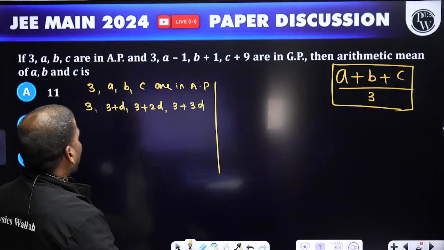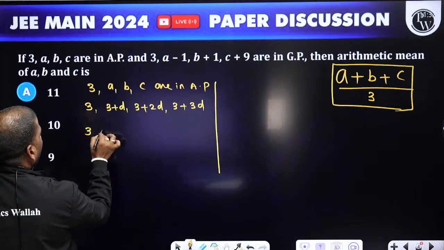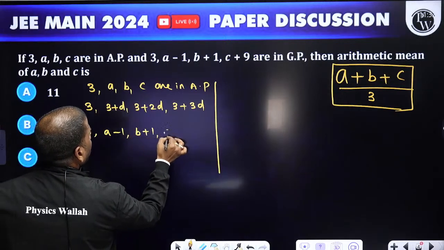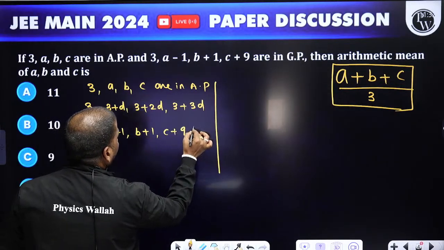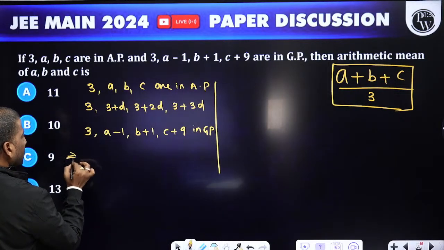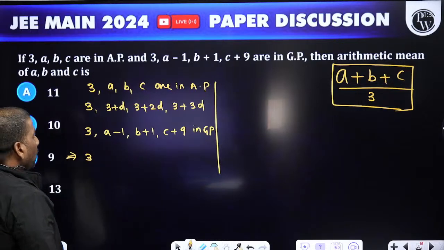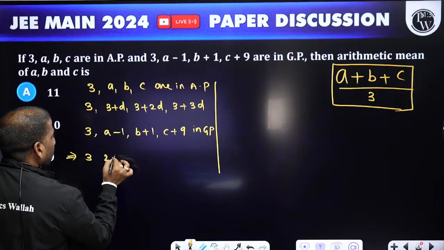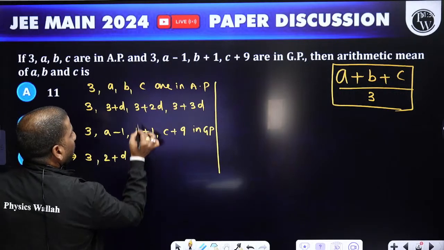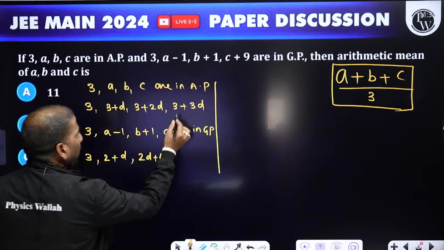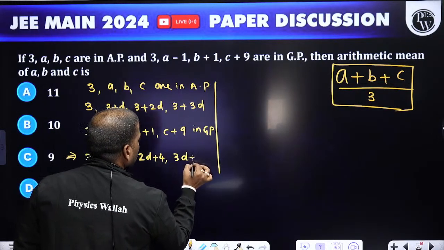Next, coming to the second one, 3, a minus 1, b plus 1, c plus 9 are in GP, geometric progression. So let us convert it into d: a minus 1 is 2 plus d, b plus 1 is 2d plus 4, c plus 9 is 3d plus 12.